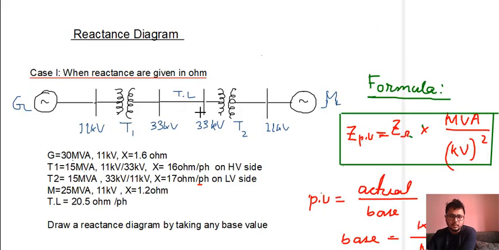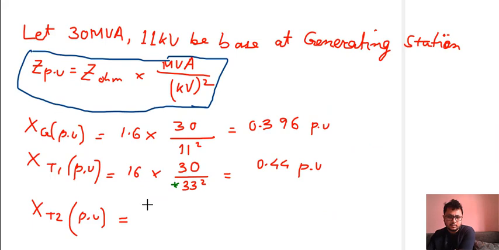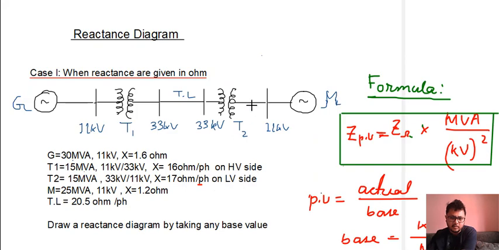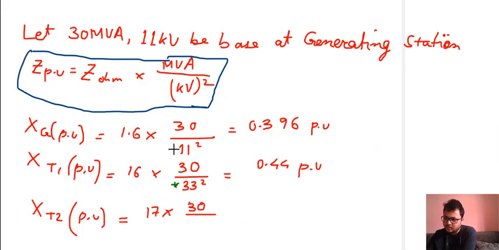You see transformer 2, how much is its value? The reactance is given as 17 ohm, so 17 into the base value 30, and it is on the low voltage side, so for transformer 2 the low voltage side is 11, so 11 square, and we get 4.21 per unit.